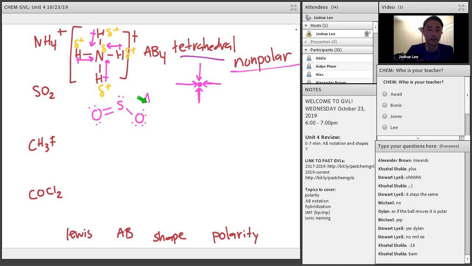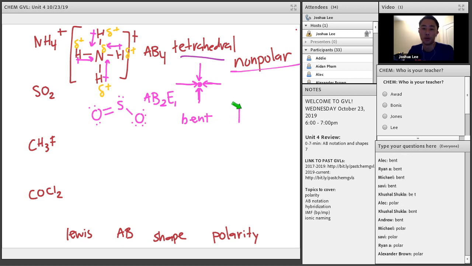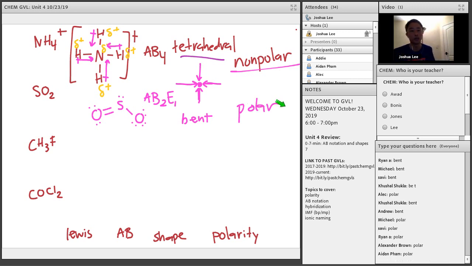So this is AB2E1. What shape is this? Bent. Which means it's what? Polar. Nice. So it's polar. It's going to be bent either way.